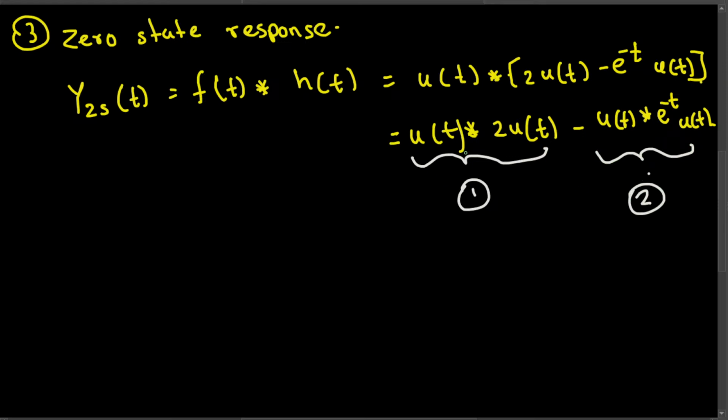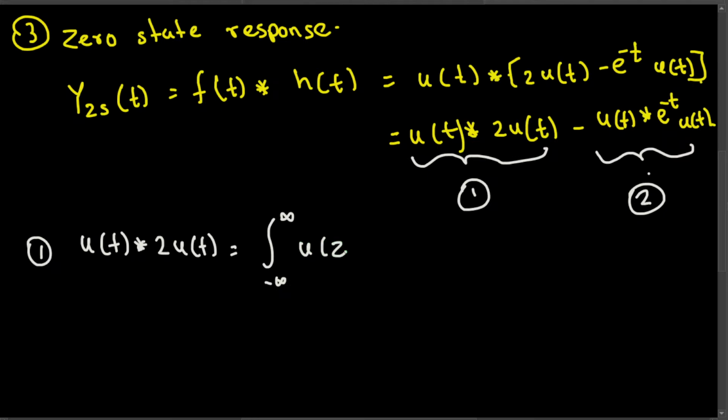So first let's deal with this one, u of t convolved with 2 u of t. If I give the integration expression for this one, this is the integral from negative infinity to infinity of u of tau times 2 u of t minus tau d tau.